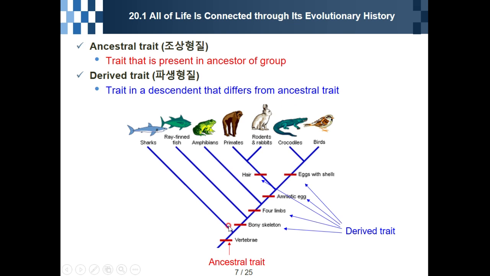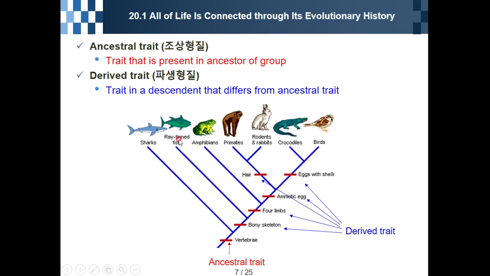Okay, so for example, the ancestral trait is here. Ray-finned fish are different from the ancestor.